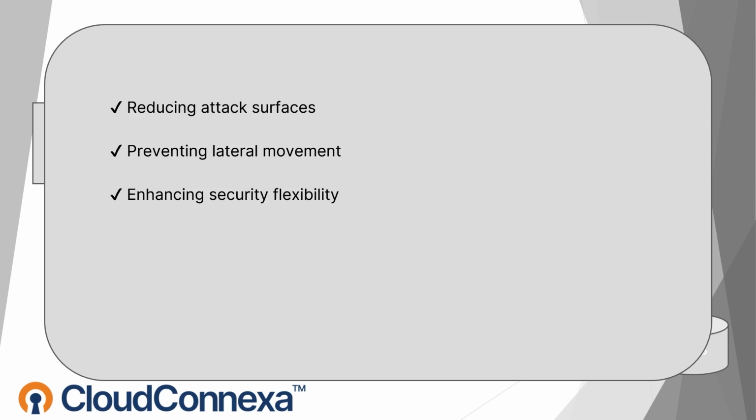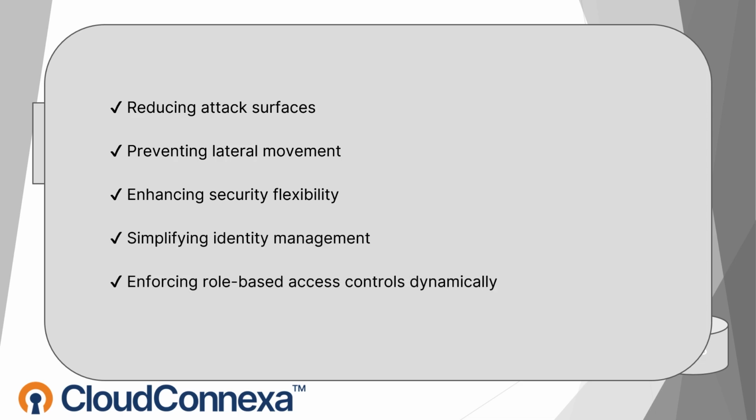Obviously, employees can securely work from anywhere without compromising security. And simplifying identity management using CloudConnexa with SAML and SCIM, businesses can automate user provisioning and deprovisioning, making sure that access is always up to date, and enforcing role-based access controls dynamically. Obviously, CloudConnexa adapts access based on user roles and groups, reducing IT overhead.